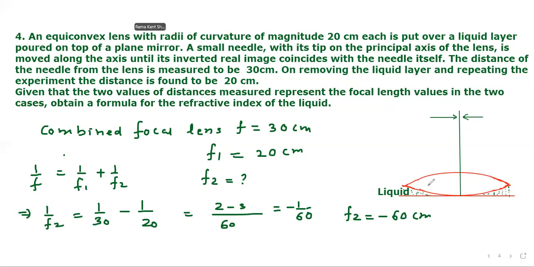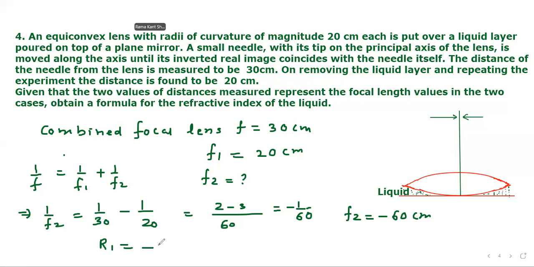Now, next point is that the water lens formed between plane layer and the equiconvex lens is plano-convex lens. Here R1 will be equal to radius of curvature, which is given here as 20 centimeters.